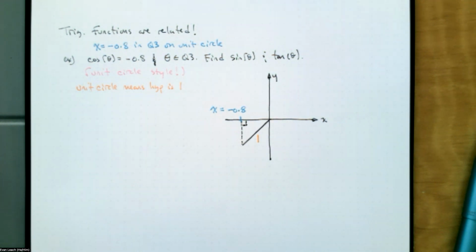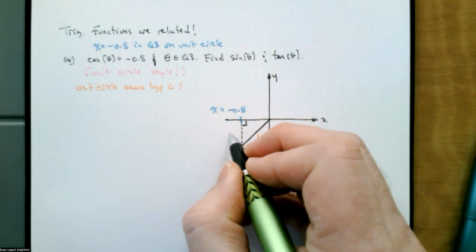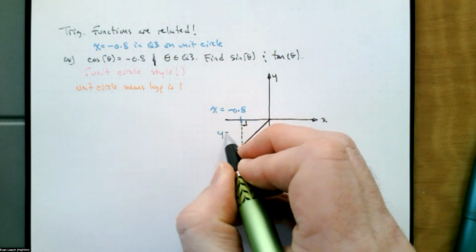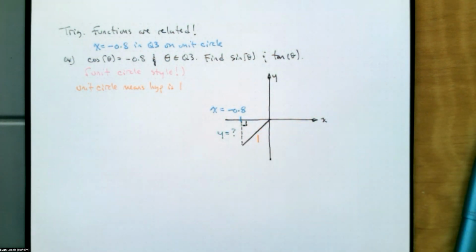So if one side is negative 0.8, and the other side is y, we can use the Pythagorean theorem to figure out y.